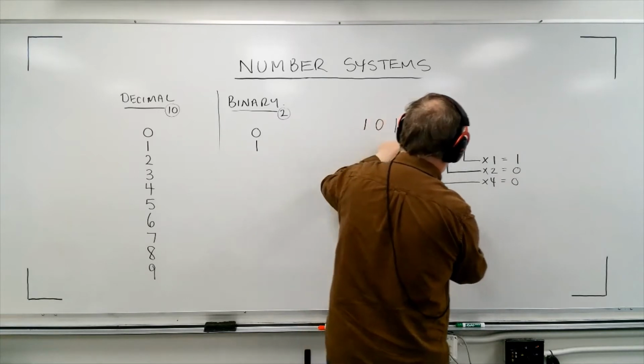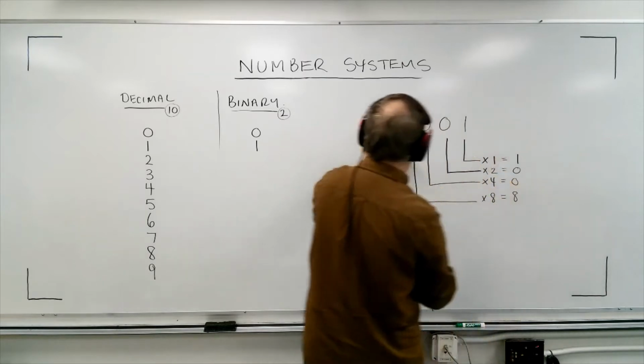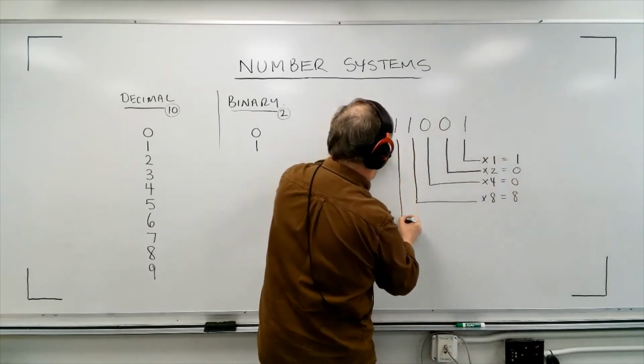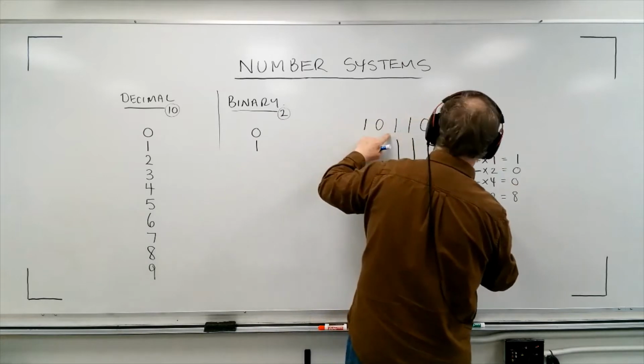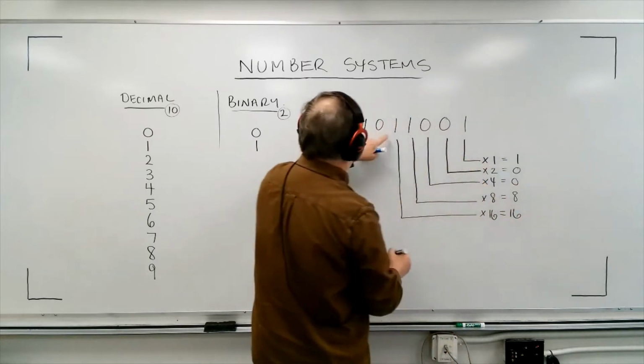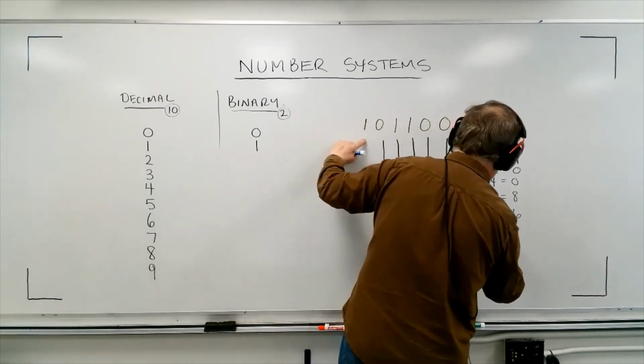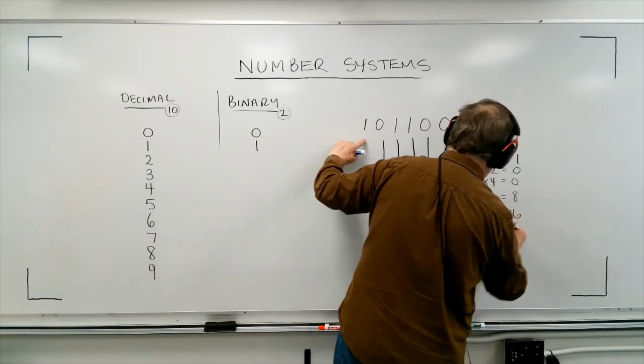Now I have 1 times 8 equals 8. Now I have 1 times 16 equals 16. Now I have 0 times 32, which equals 0.